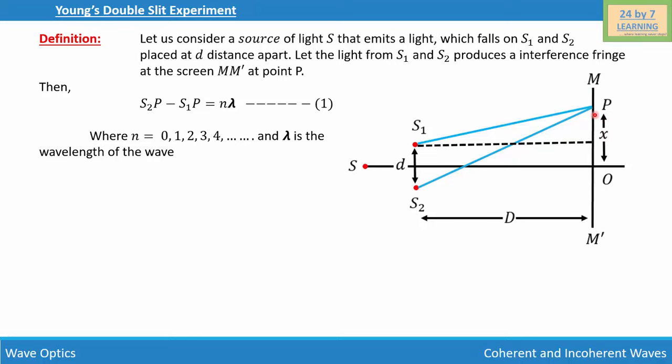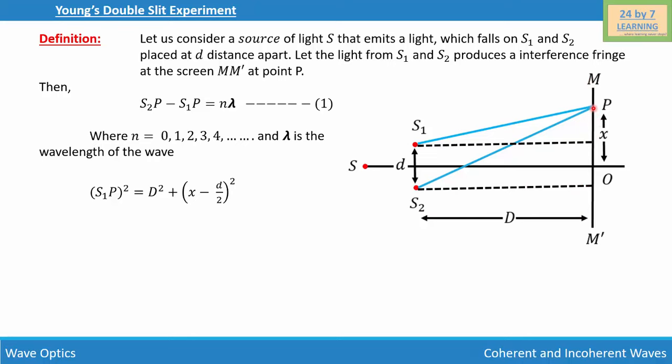So if I use the Pythagorean theorem, I will write S1P square is equal to this distance, which is capital D square, plus x minus d over 2 whole square, which is this distance. In the same way, if we drop a perpendicular from S2 to the screen MM', we will draw this line right here, and again we will get a right triangle.